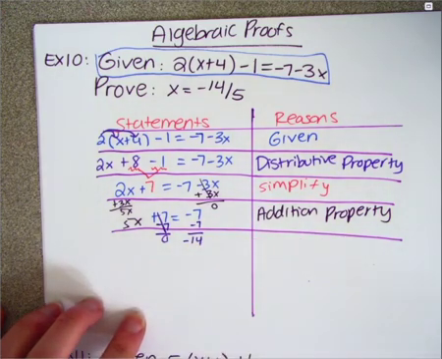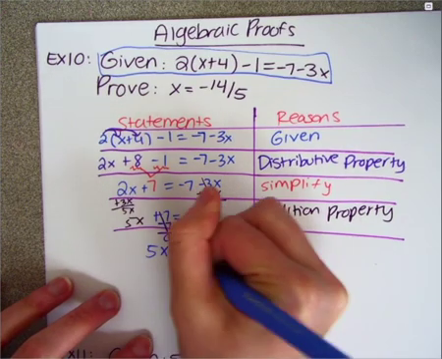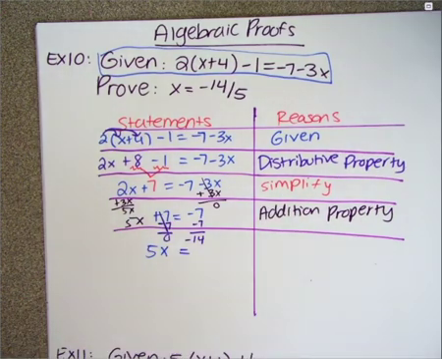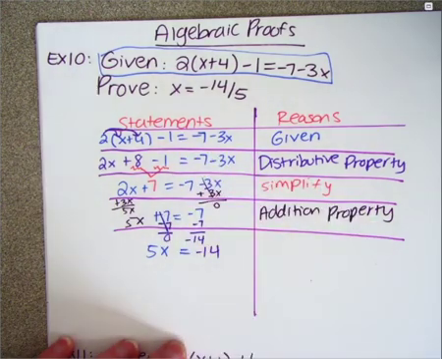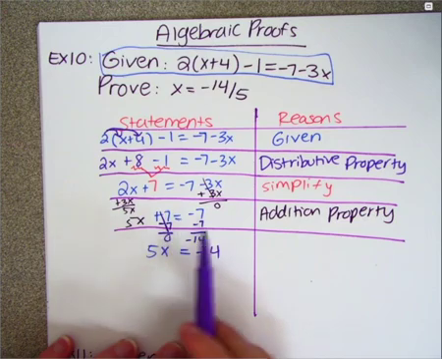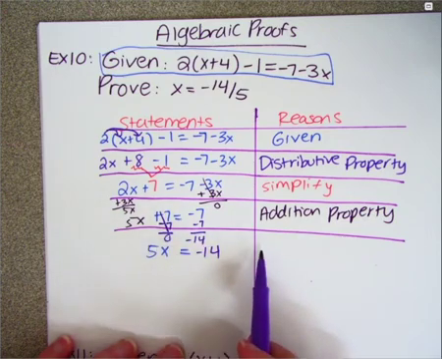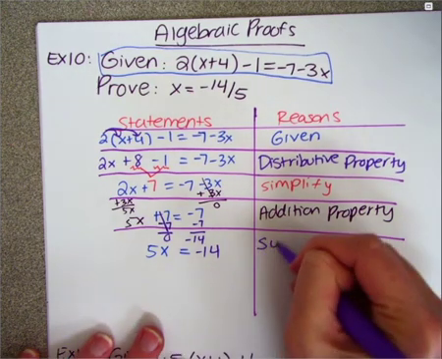So I'm left with 5x equals -14. And since I subtracted on both sides of my equation, that means I'm using the, you guys said it, the subtraction property. Way to go, you guys.